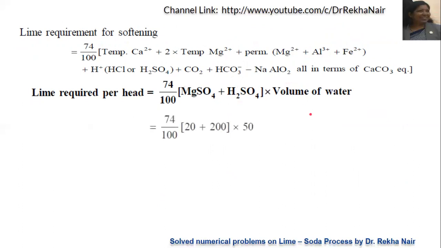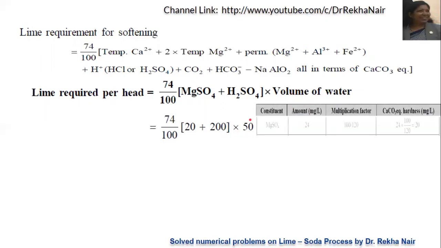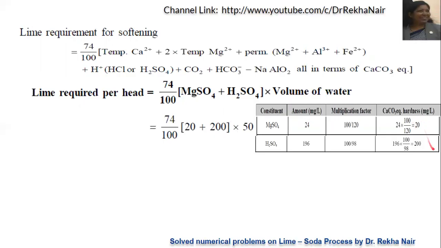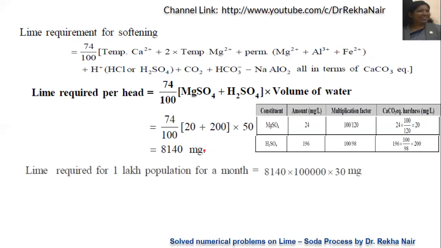Multiplied by volume of water. Volume of water is 50 liter per head. And CaCO3 equivalent for magnesium sulfate is 20 and that of H2SO4 is 200. We can put the value and we can have 8140 mg per head, for one person.